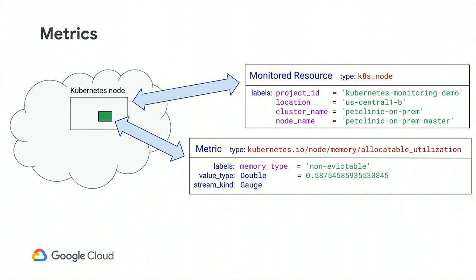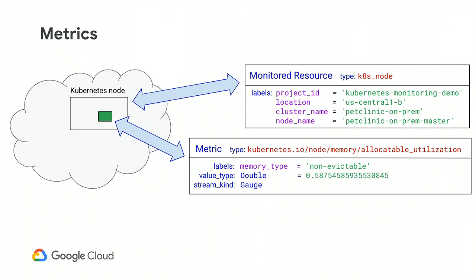Now, the other thing that might come with a metric type are some labels. This one comes with one label called the memory type, which can be either evictable or non-evictable. So there are two kinds of memory, and we'll basically have two instances of this metric with different values for that label to track the utilization of both of those kinds of memory.